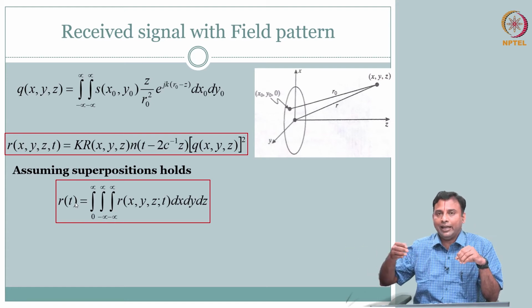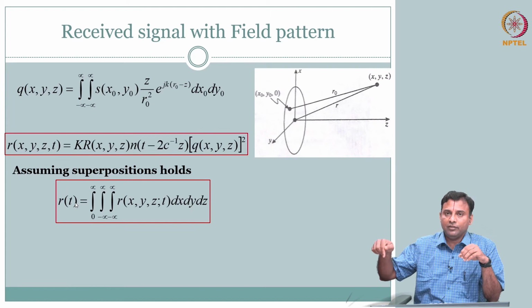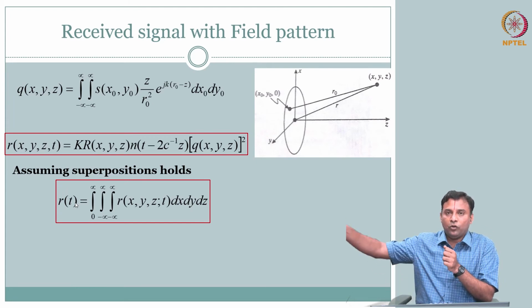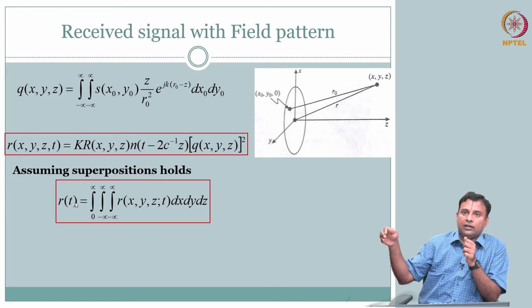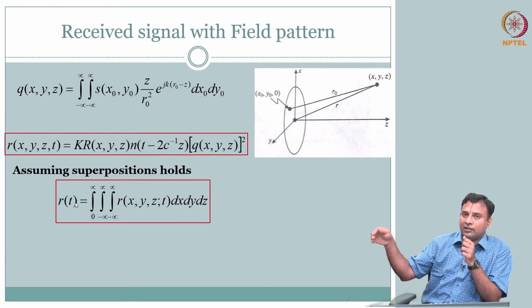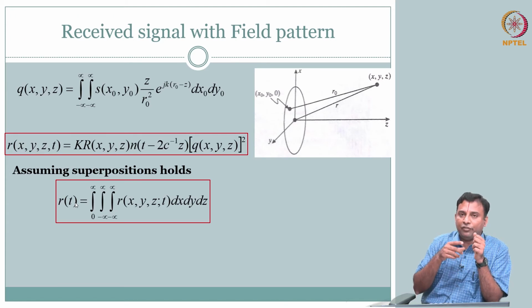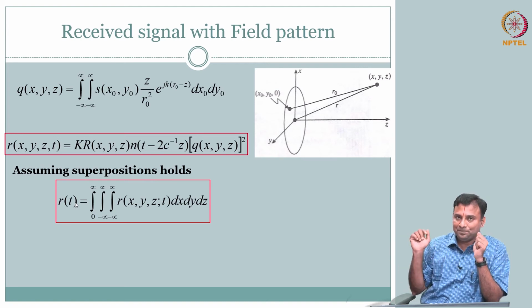The echoes will come earlier if the boundary is nearer the transducer, and the echoes from boundaries that are further down deeper will come late. So even though we write R of t, we know that the echoes are coming from different locations along the z direction.